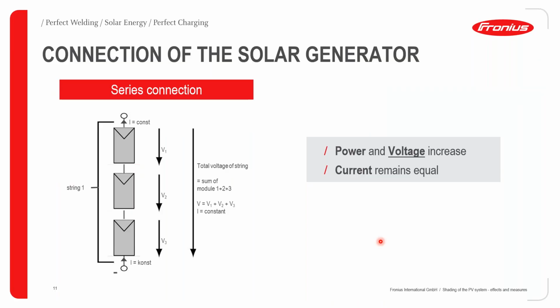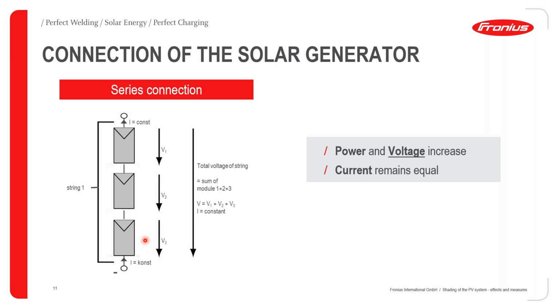We'll now take a closer look at string series orientation. I believe we're all conversant with the relationship between power, voltage, and current. In a series connected array, as you can see, voltage steps up from module to module, but the current remains constant.